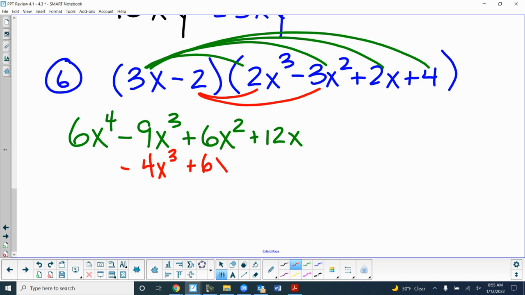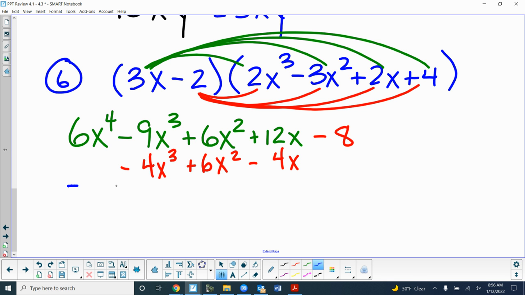So I'll put it under the other 6x squared. And the negative 2 times the positive 2x is a negative 4x. I'm going to put it under the 12x. And then negative 2 times 4 is negative 8. There's no other like terms with that. So that's what I usually do on that type of problem. Line up my like terms vertically.